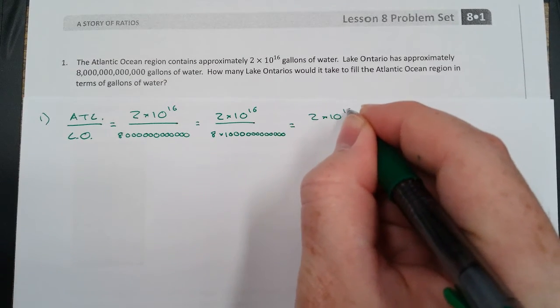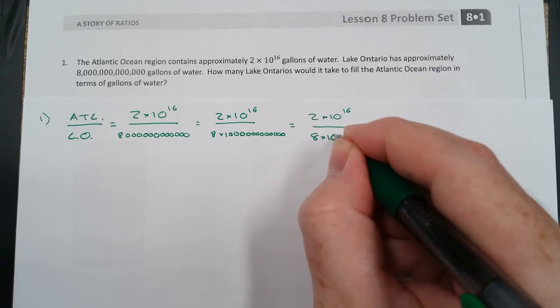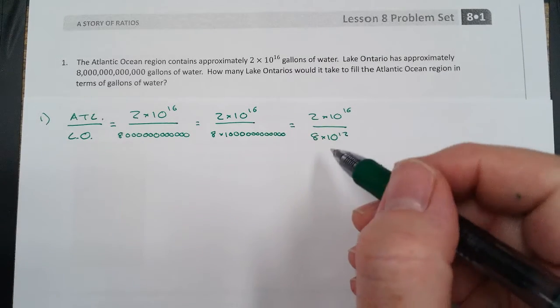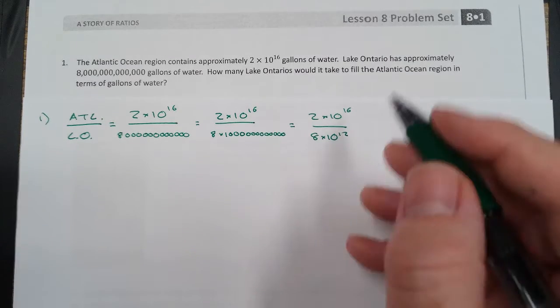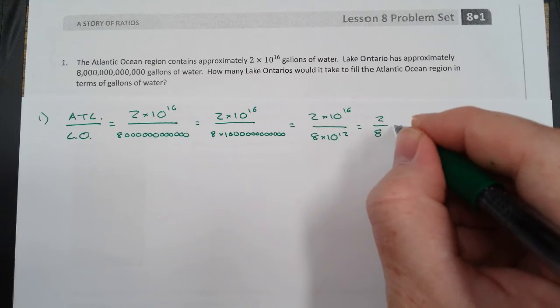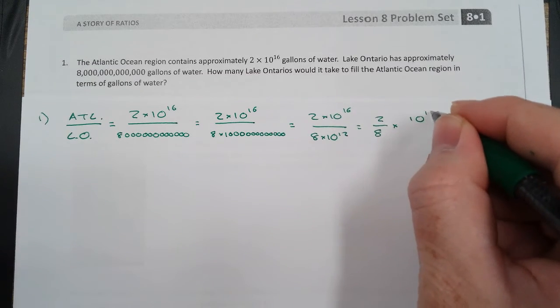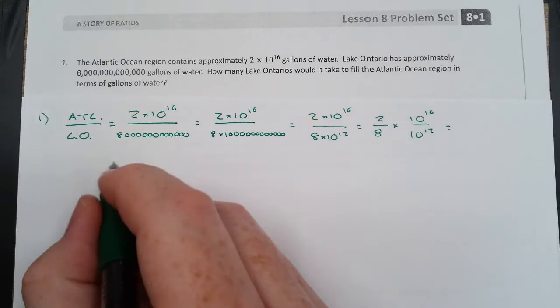And 1 trillion is 10 to the 12th. So we get 8 times 10 to the 12th. Much shorter to write. Much easier to do the math too. Separate this out. 2 over 8 times 10 to the 16th over 10 to the 12th. Going to move on to the next line.